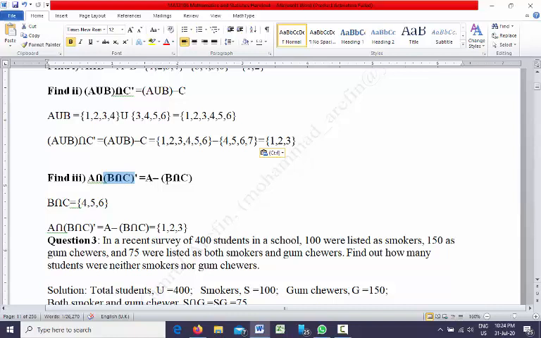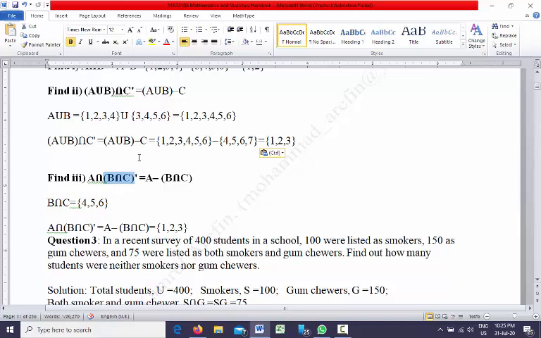That means set A minus B intersection C prime. Prime means that one should be removed. So from set A, this B intersection C should be removed.